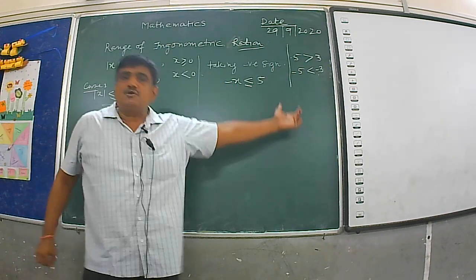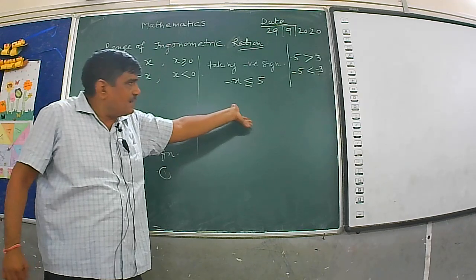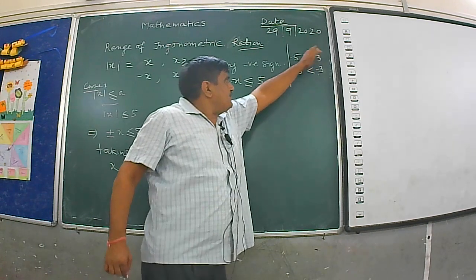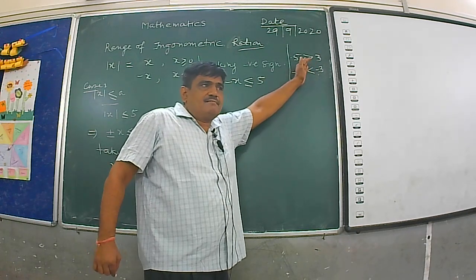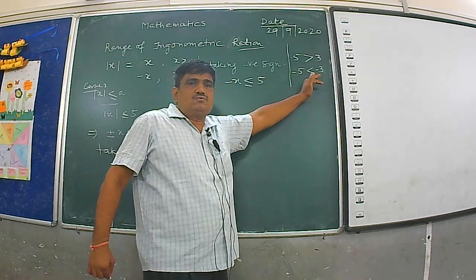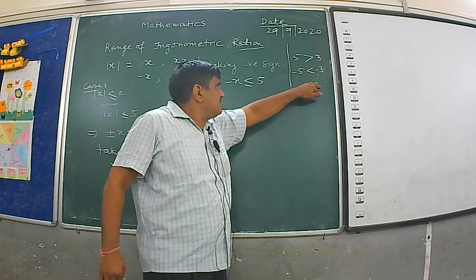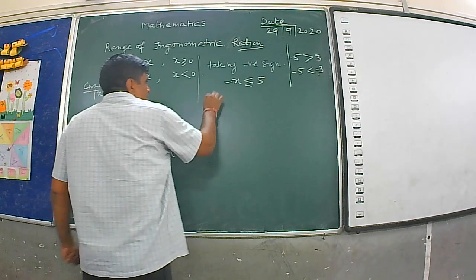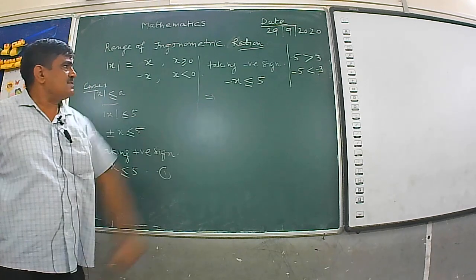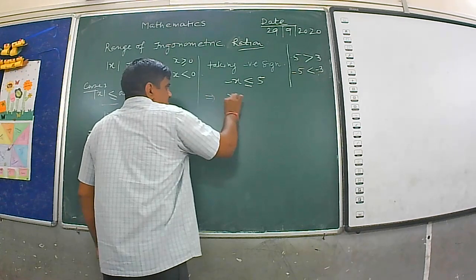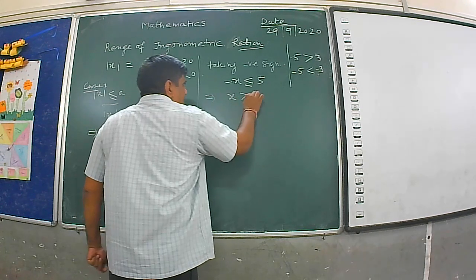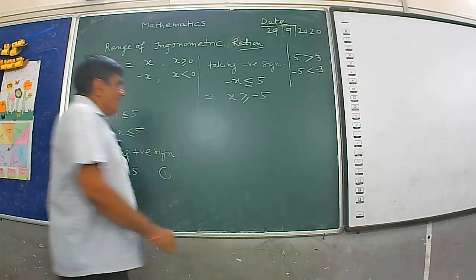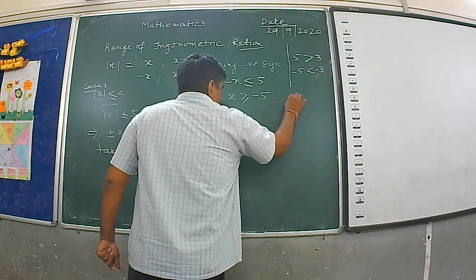In the case of inequalities, if we multiply by a minus sign, then greater than changes into less than, and less than changes into greater than. Now multiplying by minus here, x is greater than or equal to minus 5. This is equation number 2.